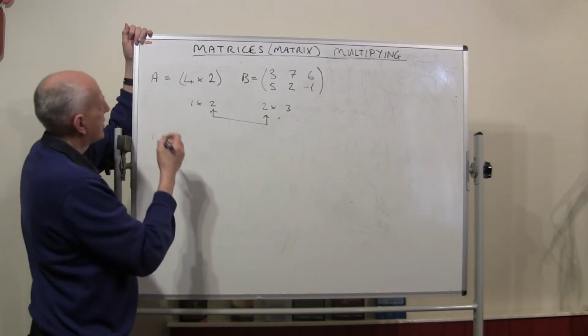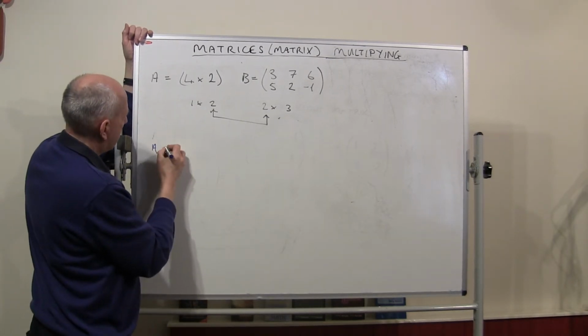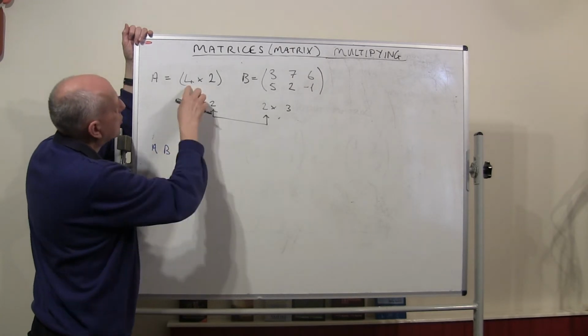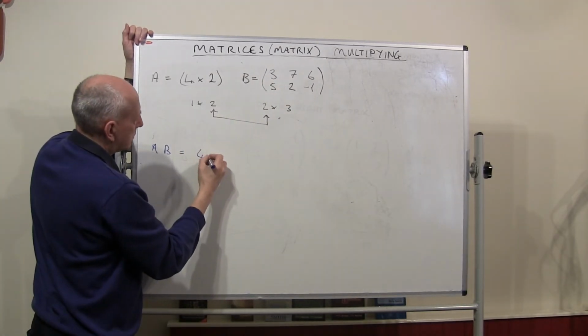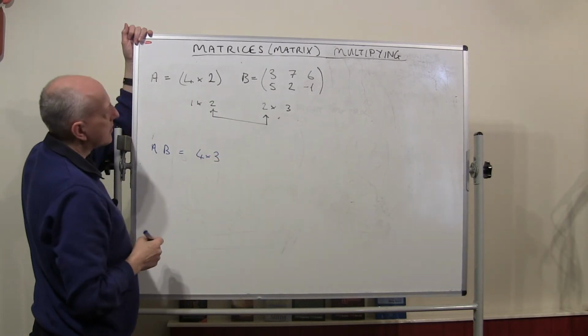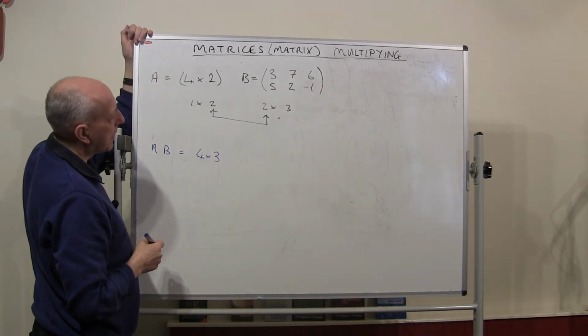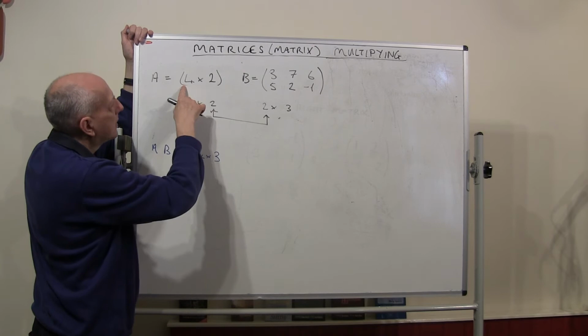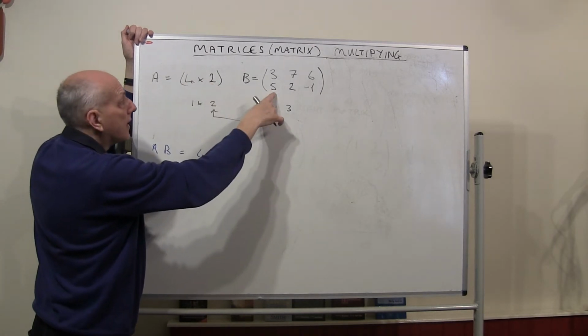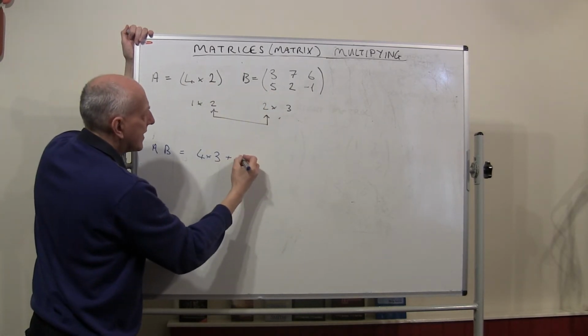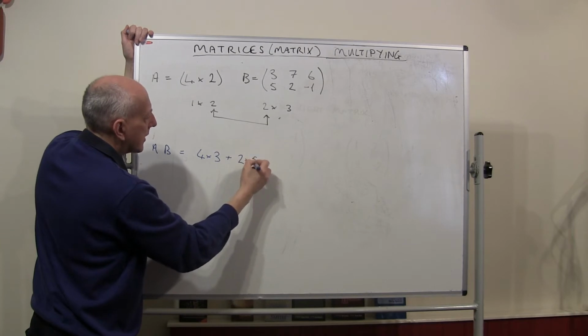So let me have a look. A times B is going to give me 4 times 3. That's going to be part of my first result. And then 2 times 5, so it's going to be added together, 2 times 5.